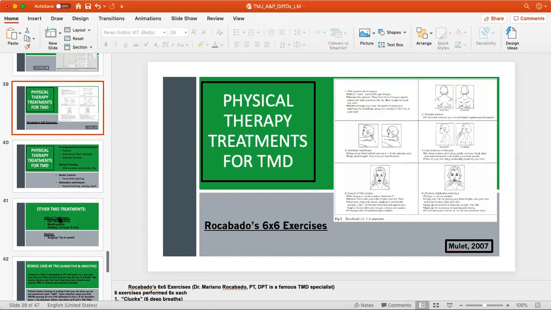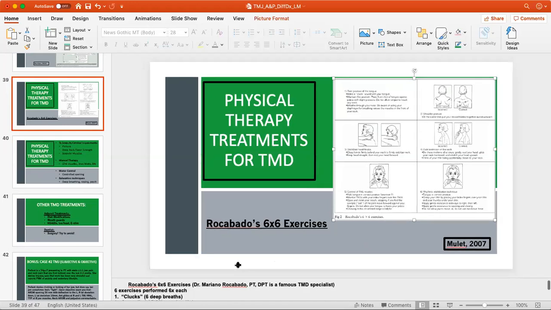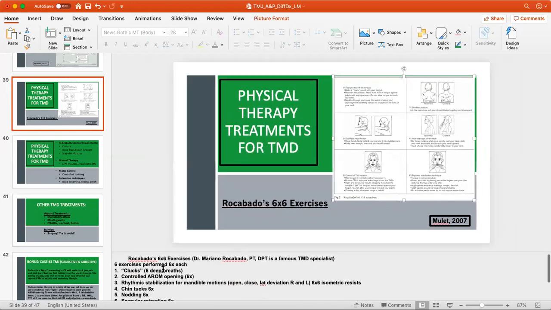Some common treatments for TMD. One of the most common that's described is what's called Rocabado's 6x6. Dr. Mariano Rocabado is a famous physical therapist who's known for his treatment of TMD. So he's a TMD specialist, and he describes 6 exercises performed 6 times, so 6x6. And in the notes and in this picture, you have some reference to those exercises, but basically what you're trying to do is treat muscles and relax them.